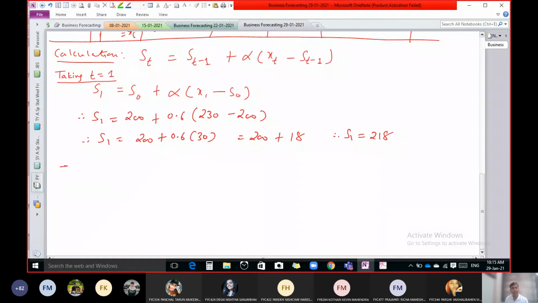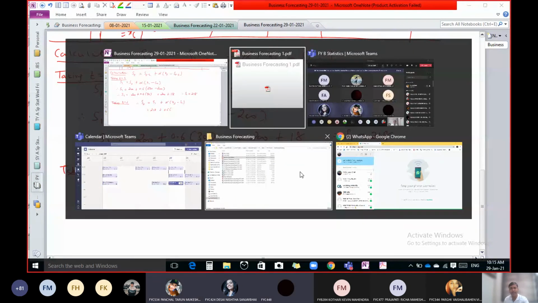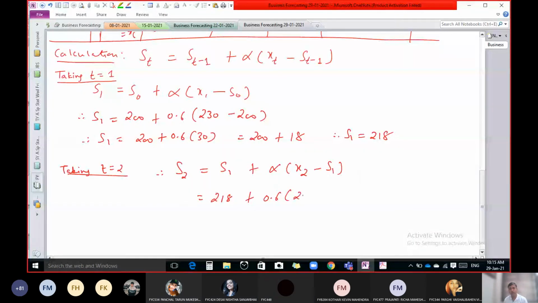Now in the formula, let us take t equal to 2. Tell me the formula for S2. S2 equals S1 plus alpha times (x2 minus S1). Do you know S1? S1 is equal to 218. Alpha is 0.6. x2, that is the second value, 242, minus 218.